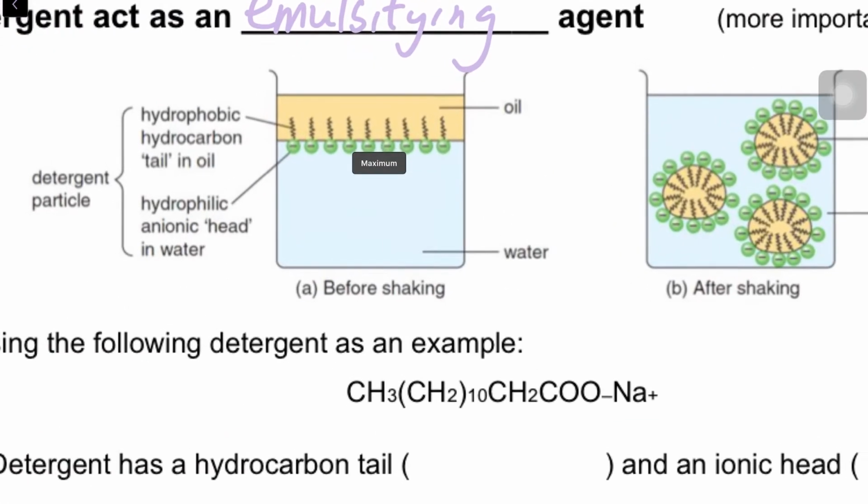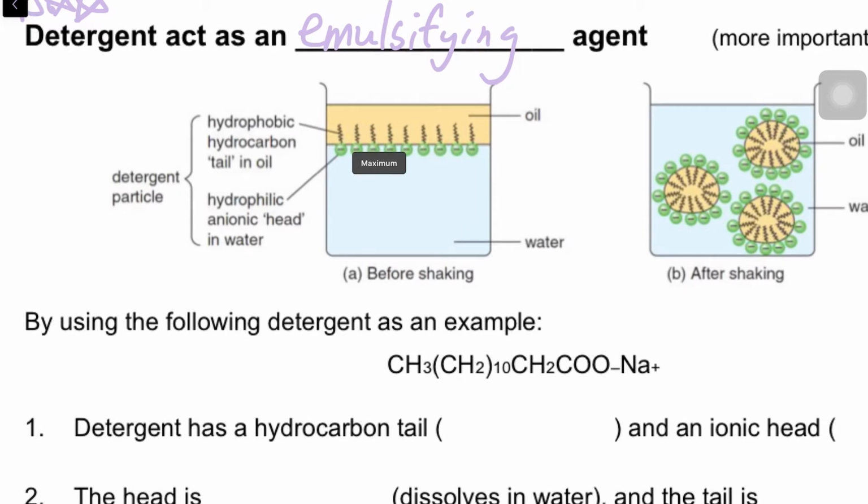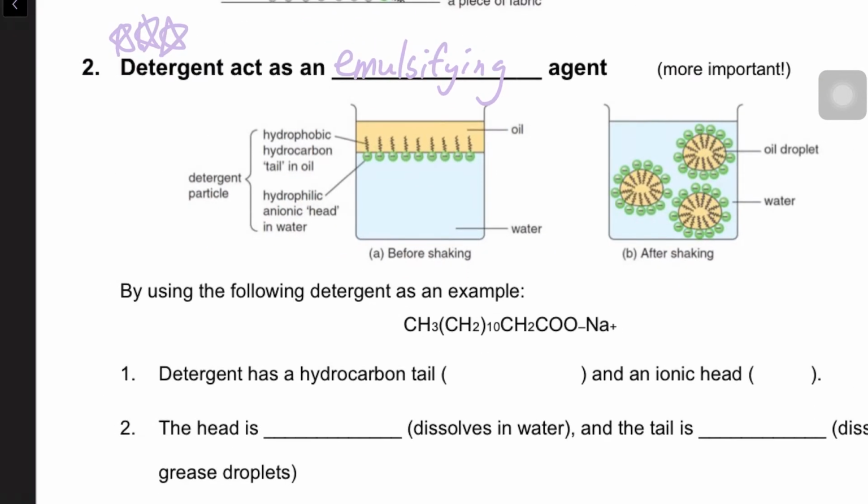After shaking, the oil will become droplets, but soon the oil droplets will merge together again to form an oil layer. This is the situation when there is no detergent.